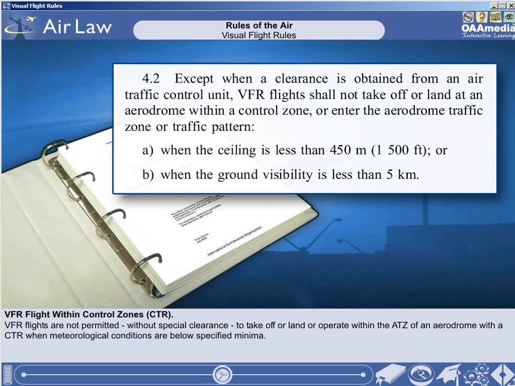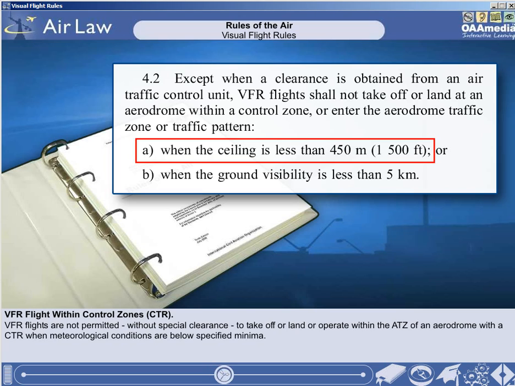Now let us look at the rules covering the VMC minima requirement for VFR flight in control zones. Unless special clearance is obtained, flights operating in accordance with the visual flight rules are not permitted to take off or land or operate within the air traffic zone of an aerodrome with a control zone when meteorological conditions are below specified minima.